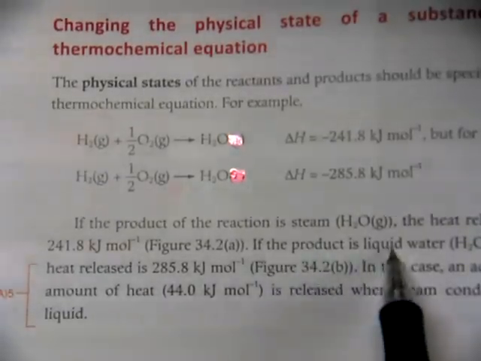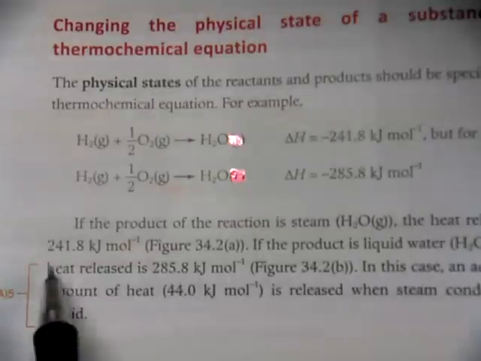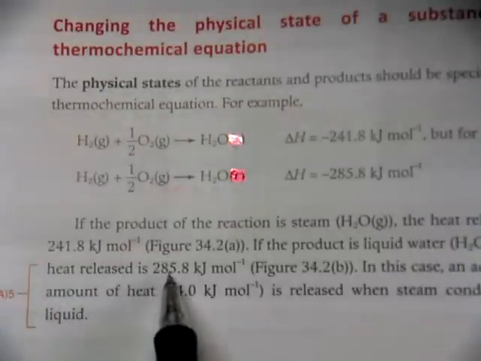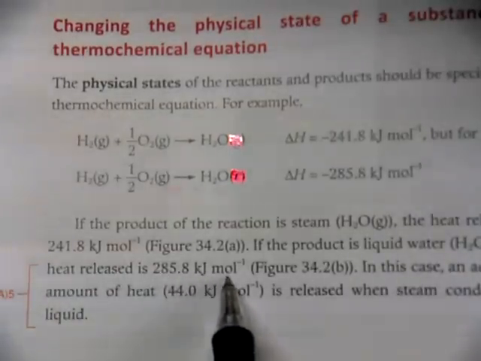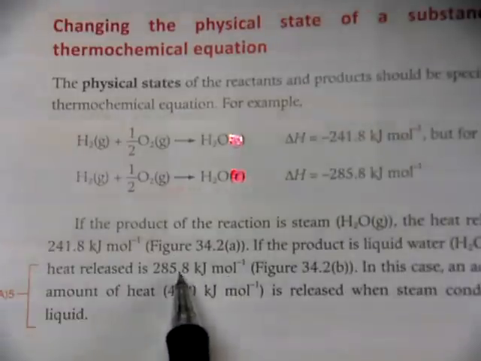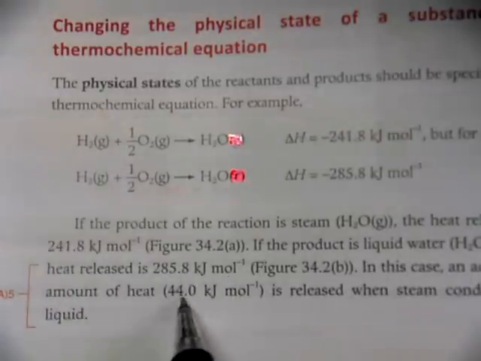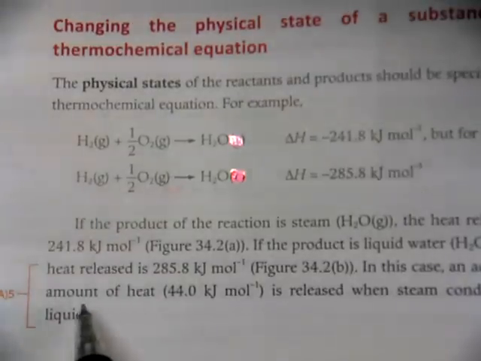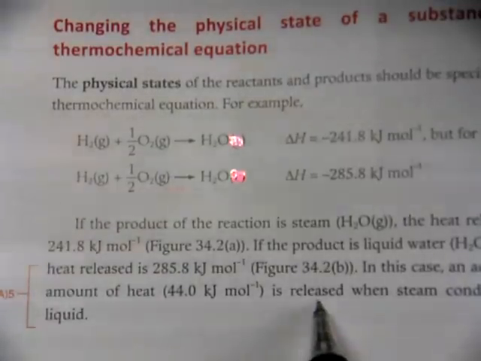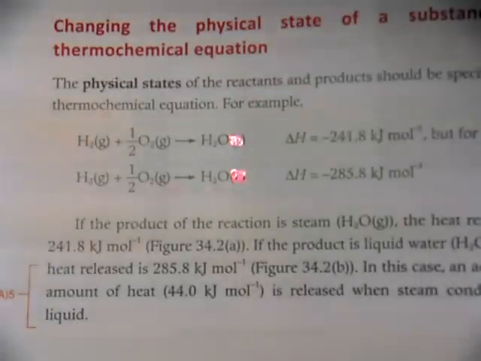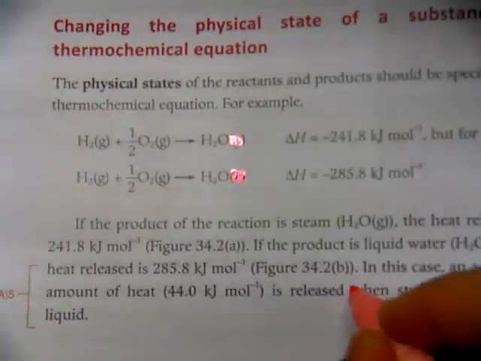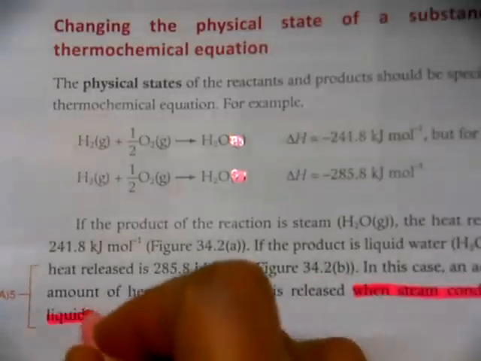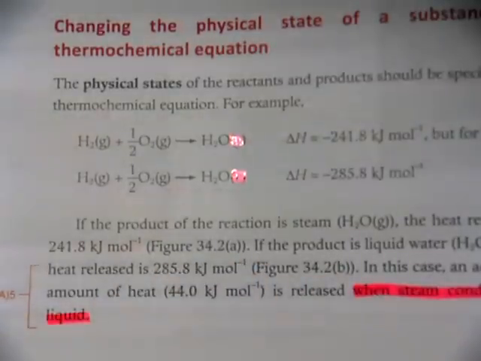If the product is liquid water, the heat released is 285.8 kilojoule per mole. The difference is 44 kilojoule, okay? It is the amount of heat released when, underline, steam condenses to liquid.